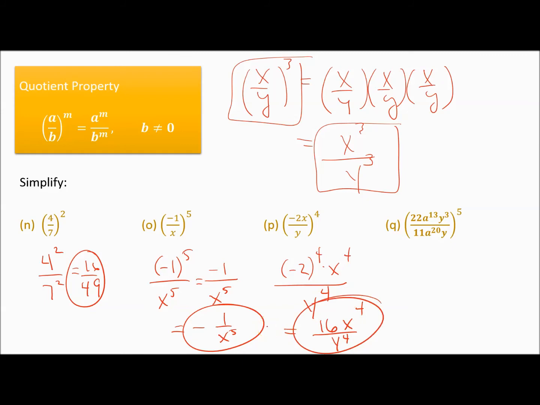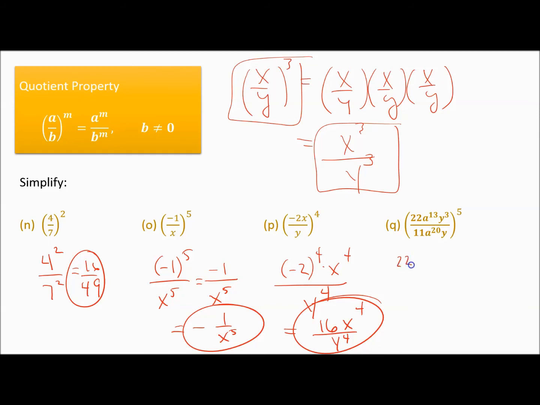That's completely simplified. My last expression, down here, we're going to apply several properties. This exponent of 5 will apply to the 22, the a to the 13th, the y to the 3rd, the 11, the a to the 20th, and the y to the 1st. So I'm going to write that down. I'm going to start writing a little smaller so I don't run out of space.